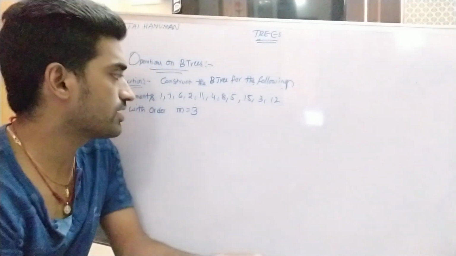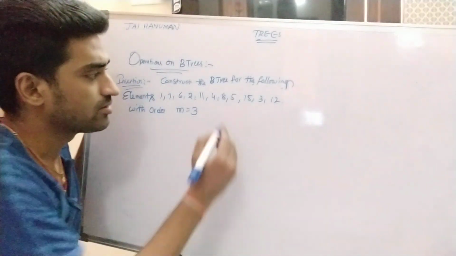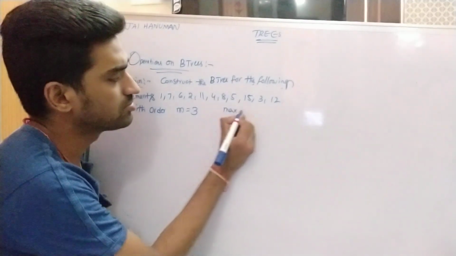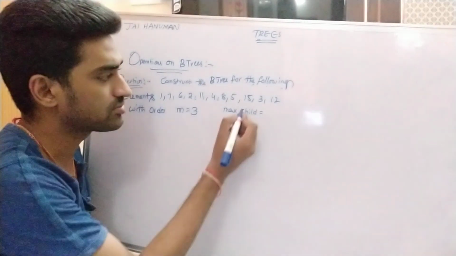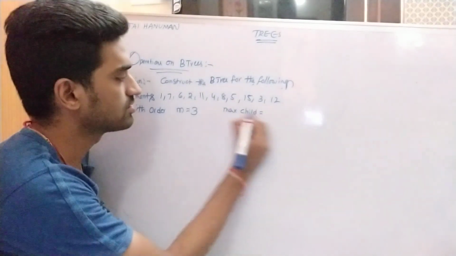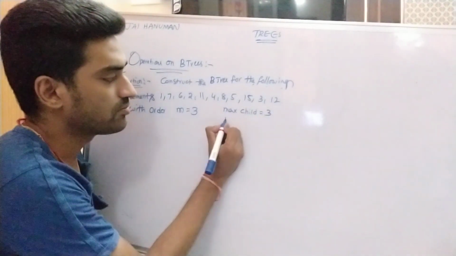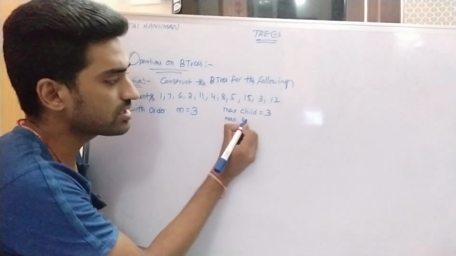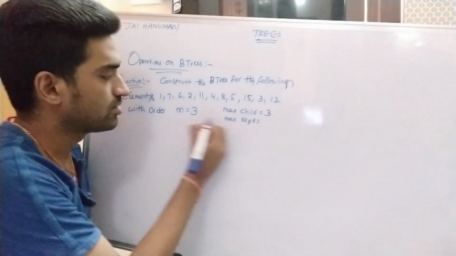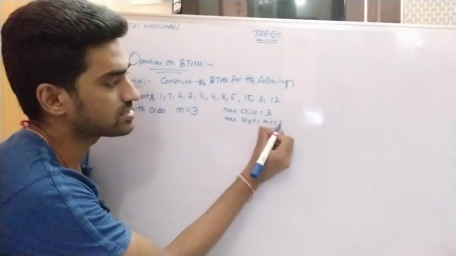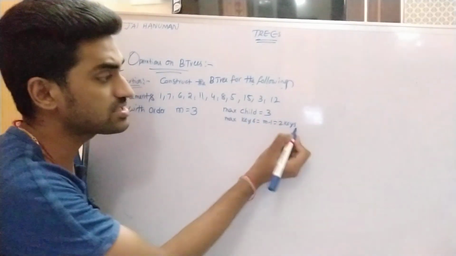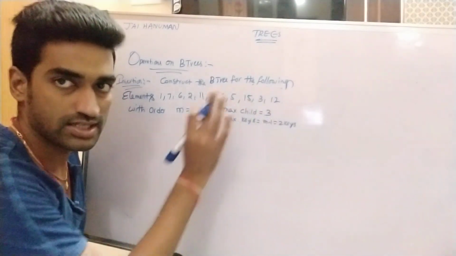Based on this order, we can calculate the maximum children for each and every node, which is m, equal to 3. Maximum keys for each node is m minus 1, which is 3 minus 1, equivalent to 2 keys. So each and every node contains a maximum of 2 keys.